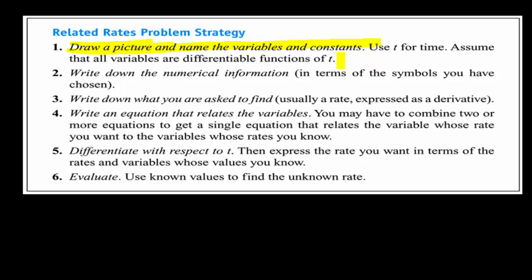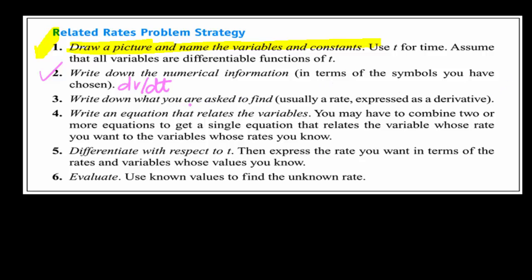Now the next thing we did was write down the numerical information. So dV by dt was given, so we use that as our rate of change of the volume, the rate of increase of the volume.